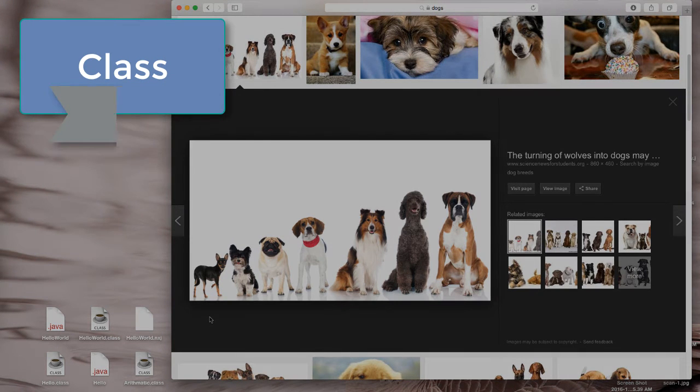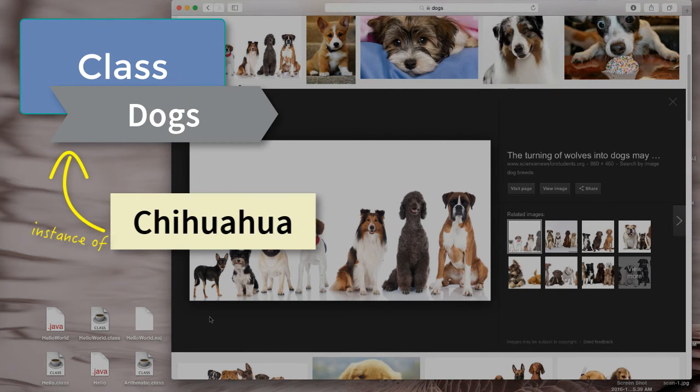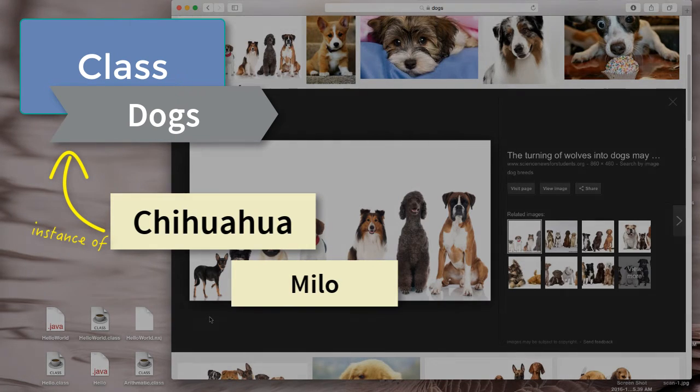Now, I stated that the Chihuahua is an instance of the dog class, but the Chihuahua could be its own class as well, because maybe I have a Chihuahua named Milo, and he would be an instance of the Chihuahua class, which is also an instance of the dog class.